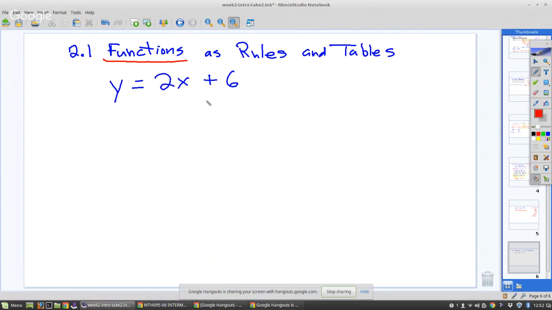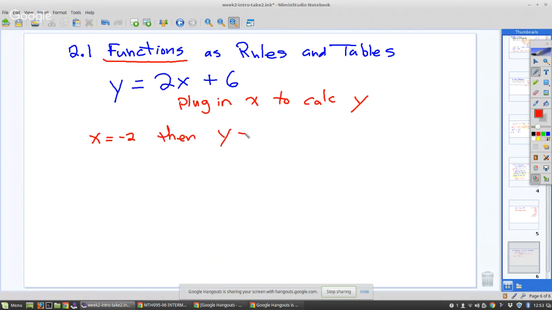So the idea with a function is this equation. You've seen this before in a previous math course. It's a linear equation. It's set up so that you can plug in x to calculate y. So for example, I could say, let's let x equal -2.